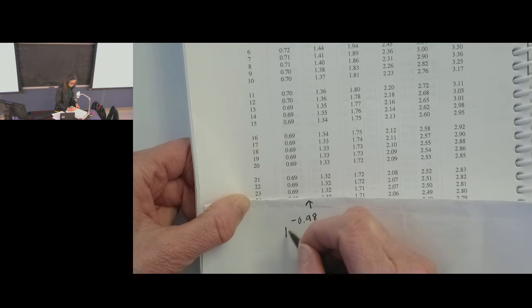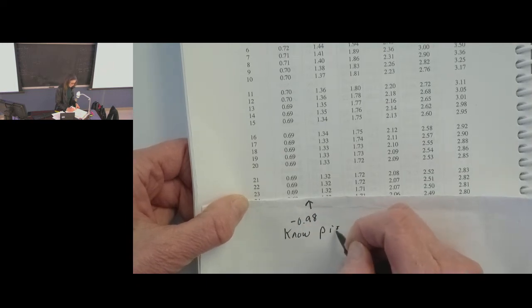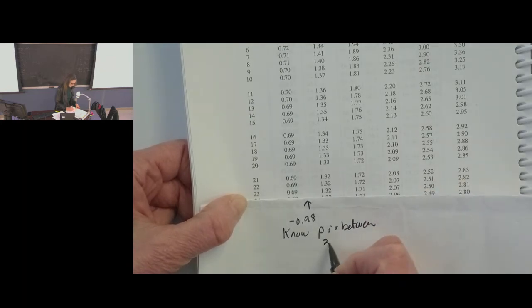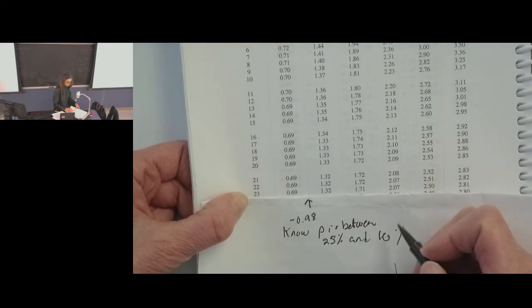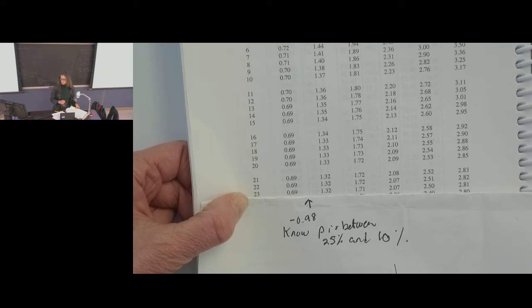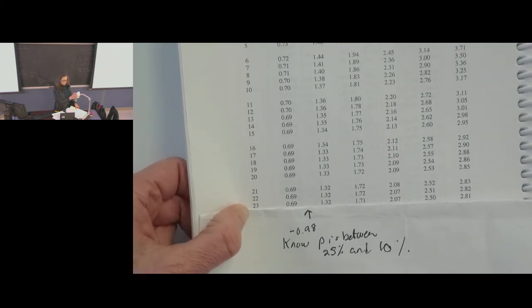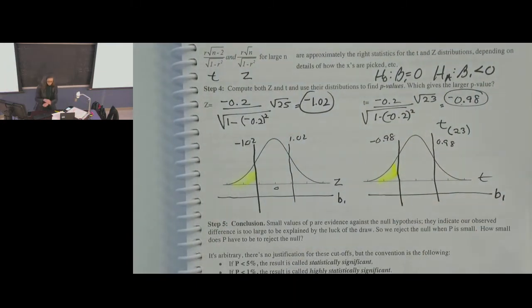So our p-value is between 25% and 10%, but that's a big range. So why don't we use our p-value calculator? Does that make sense? Do you understand how I'm reading it off here? We might as well use it for both of them and find out what it is.